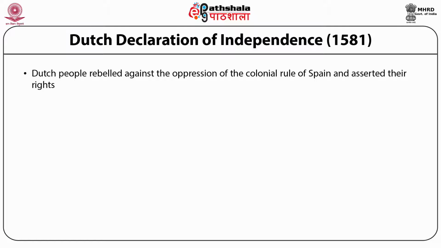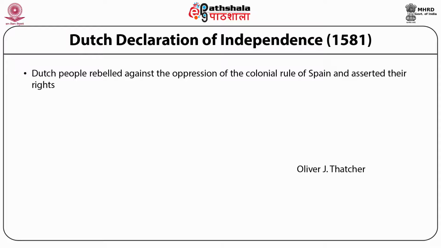It is an important milestone in the evolution of human rights because several rights, particularly the right to rule or govern themselves, have been mentioned in the Dutch Declaration of Independence.